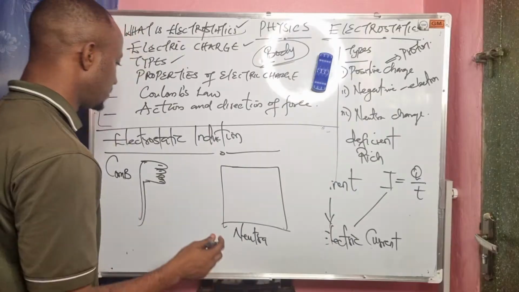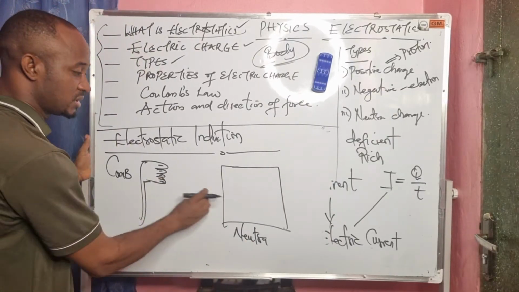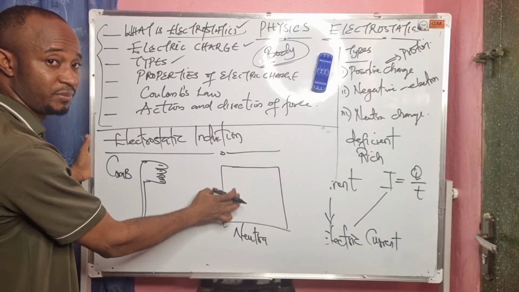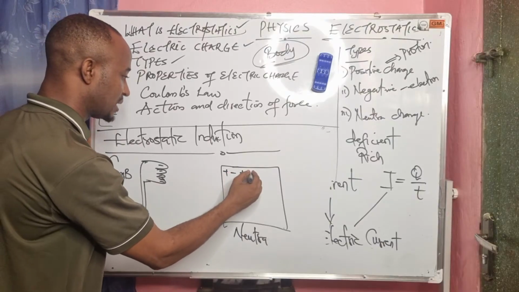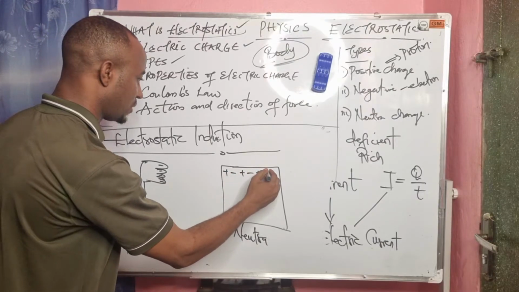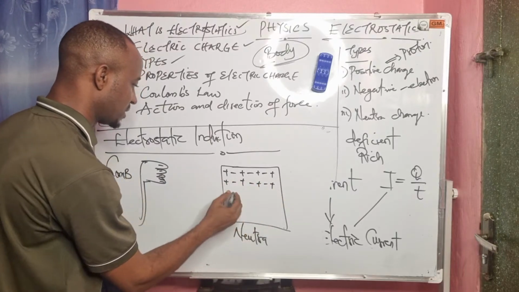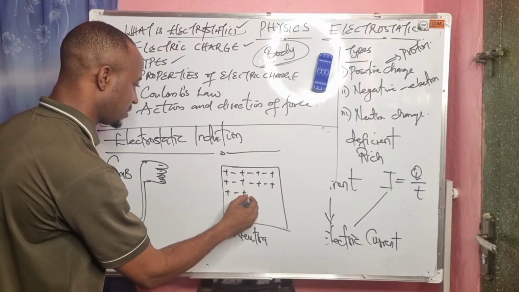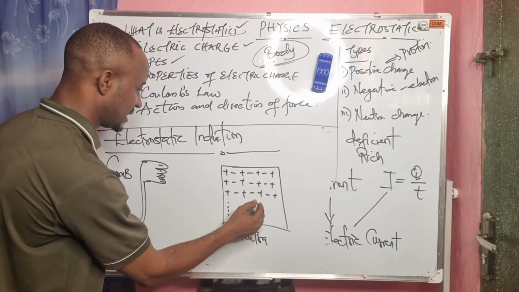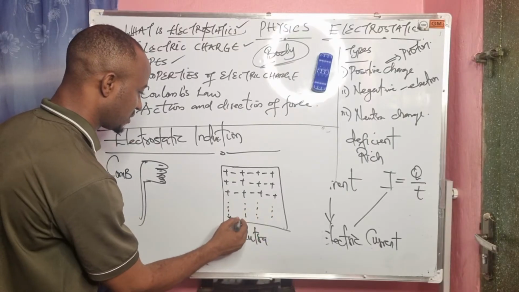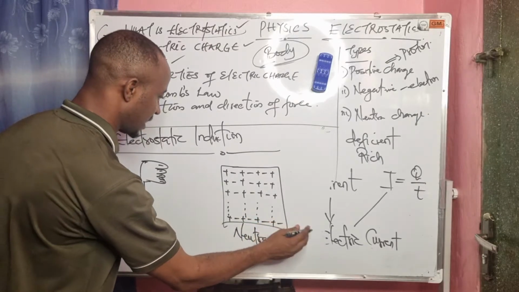The same. So before this comb is brought close to the piece of paper, the electrons and the protons are both equal. Plus, minus, plus, minus, plus, minus, just like that.